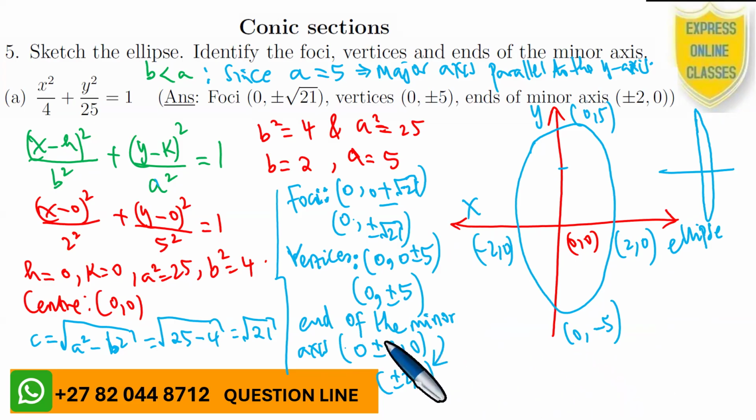Okay. Then the foci would be the square root of 21, minus the square root of 21. Like this.